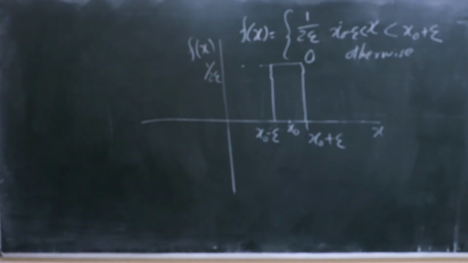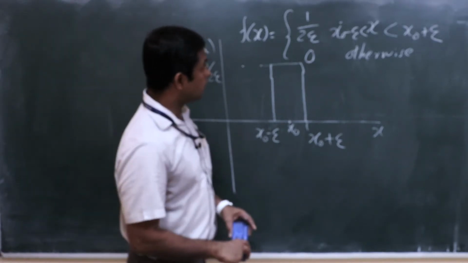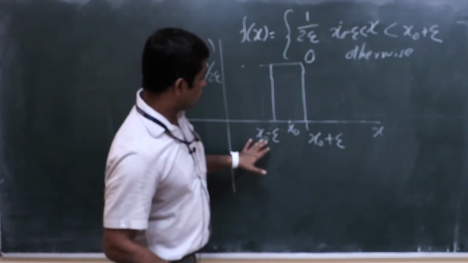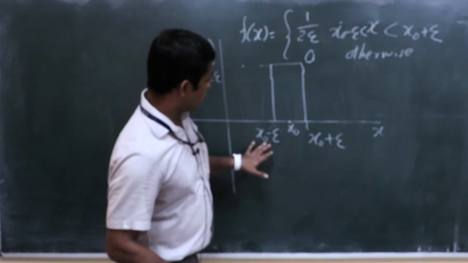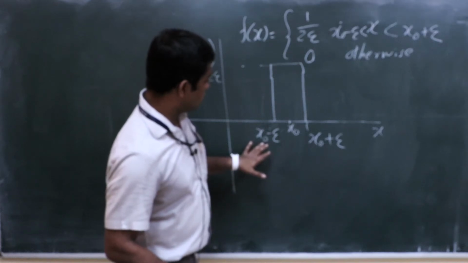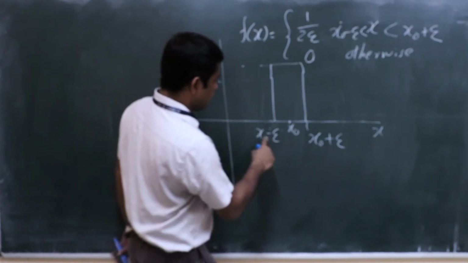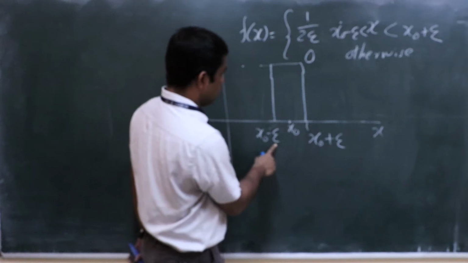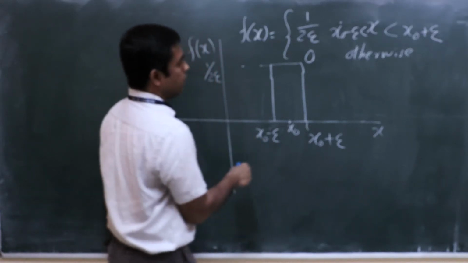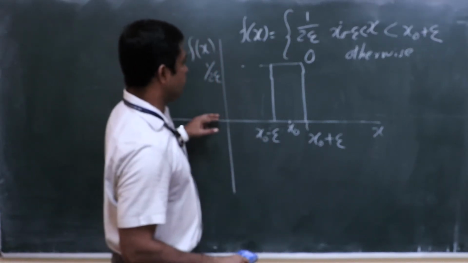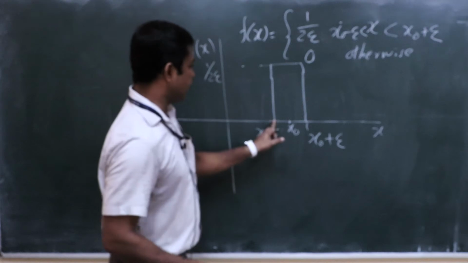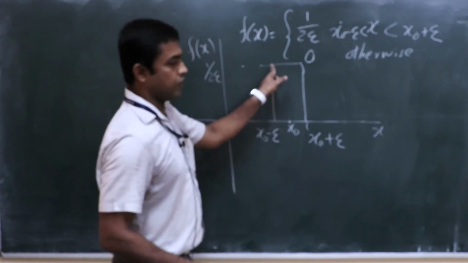Okay? So what happened at x naught minus epsilon, when x is equal to x naught minus epsilon, at that point? Basically what people generally do is this: up here it is 0 and here it is 1 by 2 epsilon.